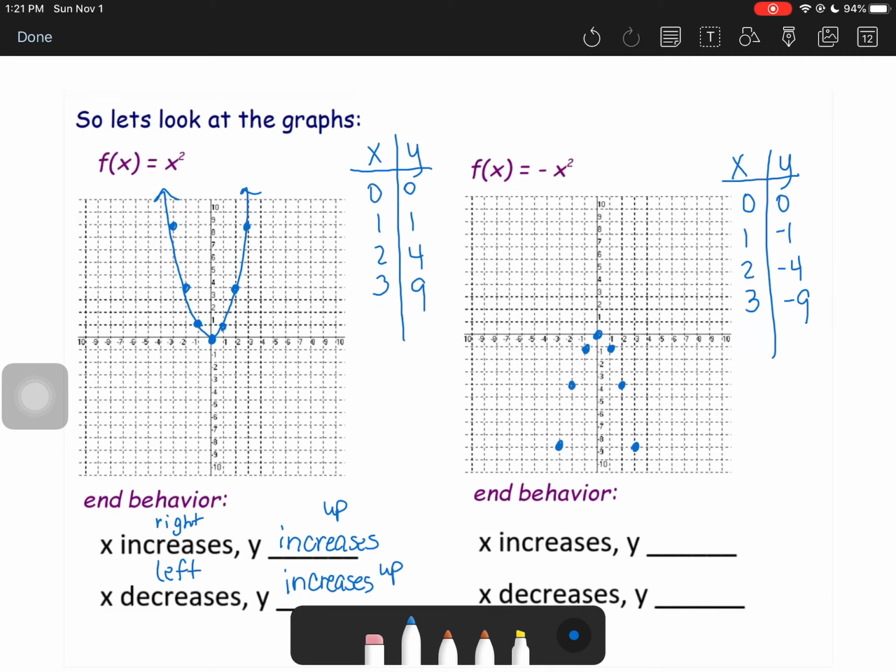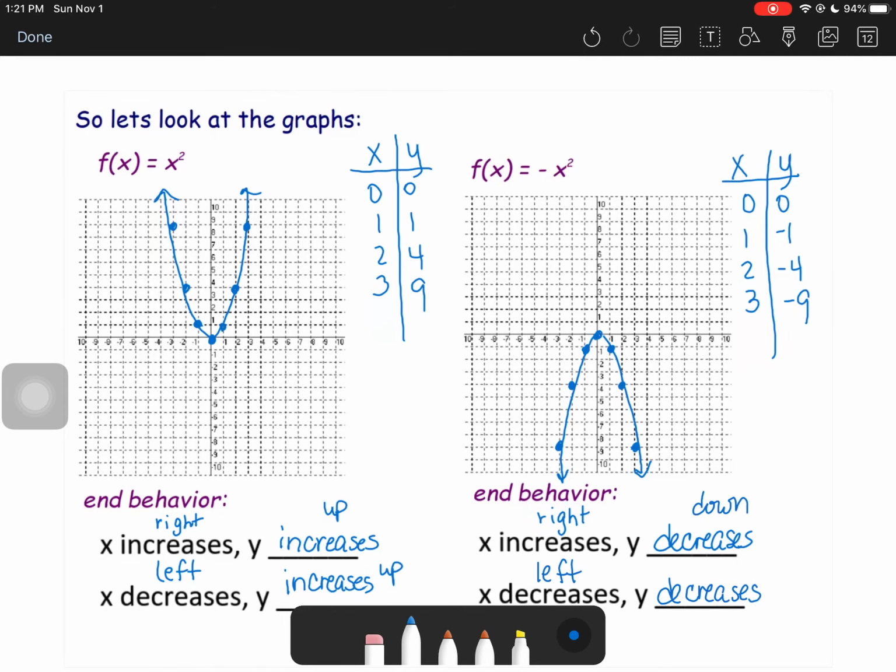And we see that we have our parabola, but this time it's opening down. So as x increases, which means we are on the right side, y decreases. It's pointing down. As x decreases on the left-hand side, y also decreases.